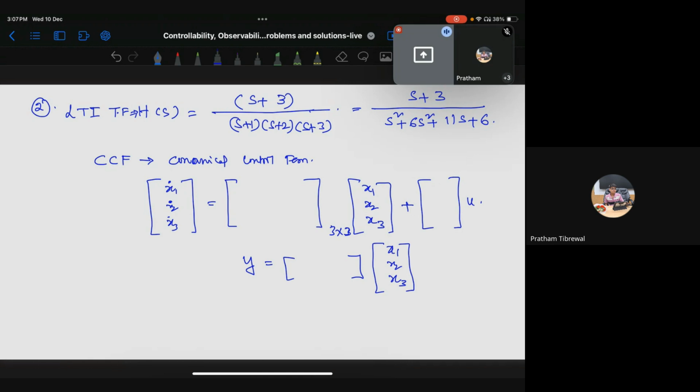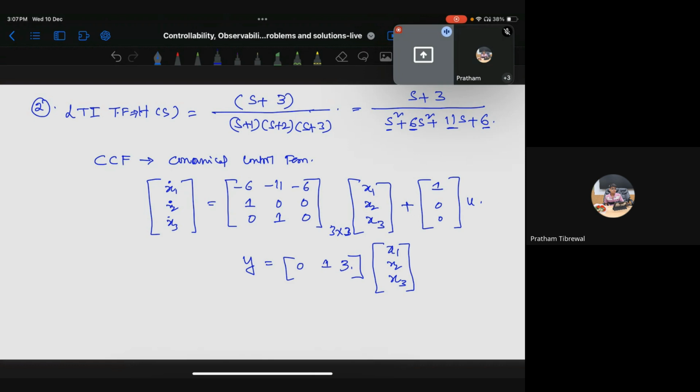In CCF form, we directly take these coefficients and, based upon them, write the A matrix. Here, the last coefficient, the next coefficient, the next coefficient, and then 1. The next rows are 1 0 0, 0 1 0, and the C matrix will be based upon the numerator: 0 1 3. I hope this is clear.